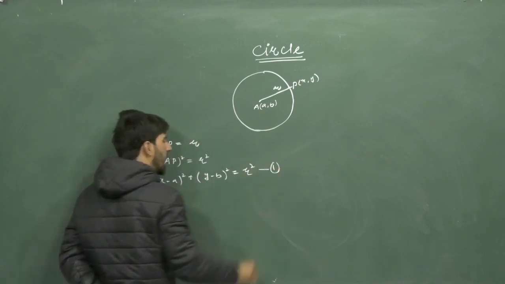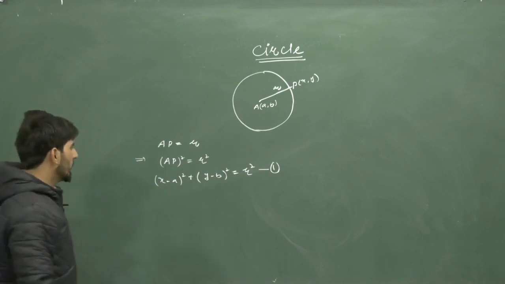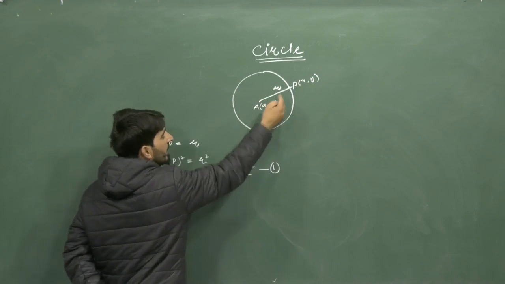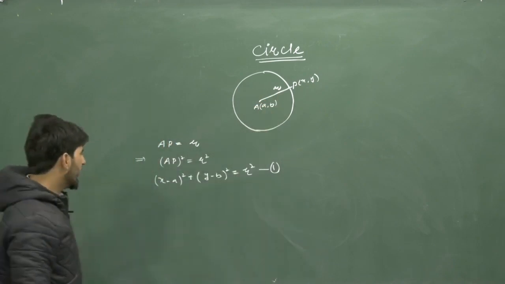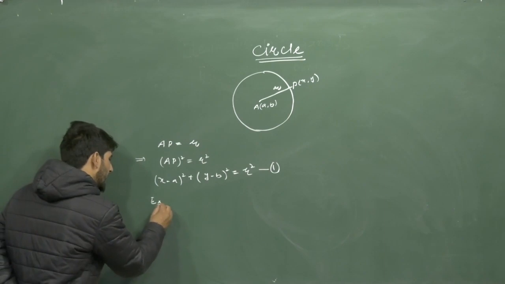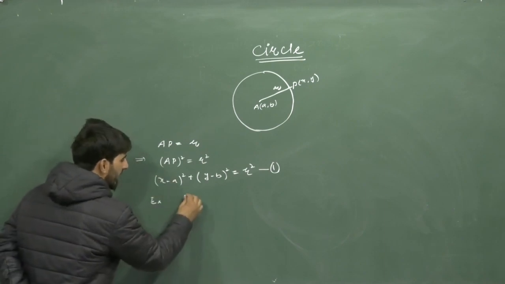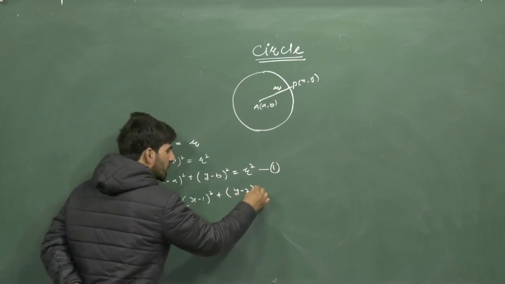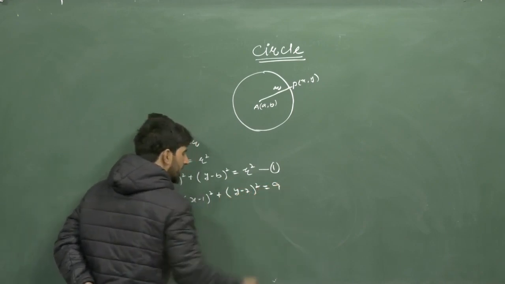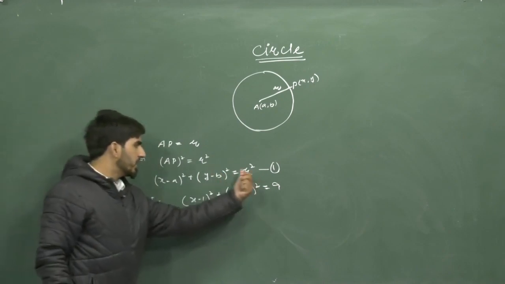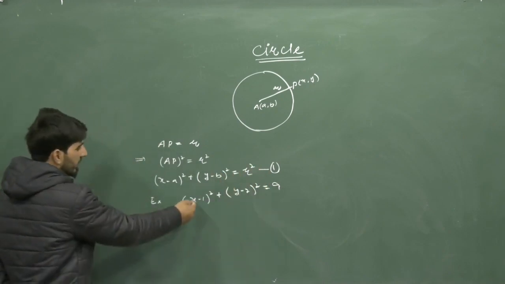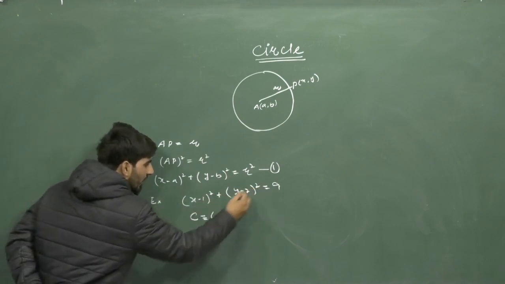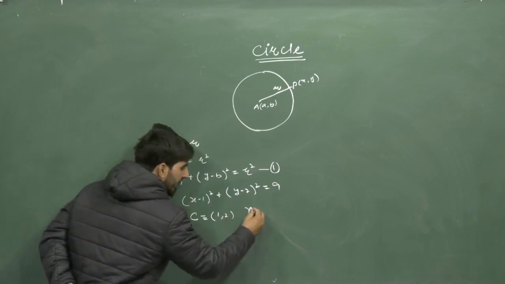So this is the standard equation of circle, the equation of circle with center A comma B and radius R. For example, if we have an equation x minus 1 whole square plus y minus 2 whole square is equal to 9, on comparing with this standard equation, this is the equation of circle with center 1 comma 2 and radius 3.